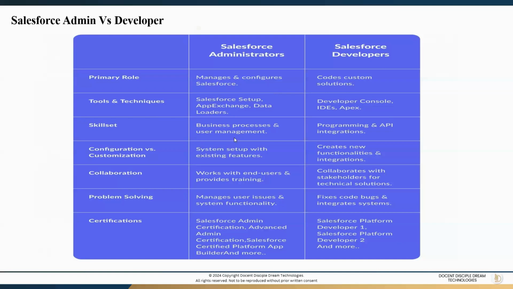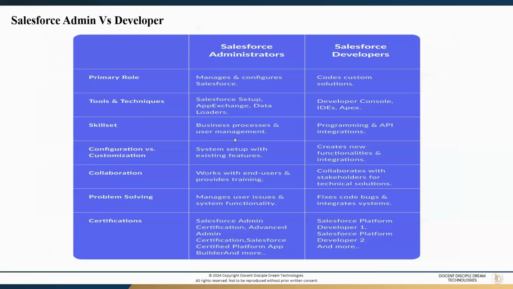The administrator will be interacting daily with the end users, whom we'll call the client, and will be providing training. If there are any issues the client is facing, the administrator is responsible for resolving them. Whereas a developer mainly involves with technical people, like the business analyst.